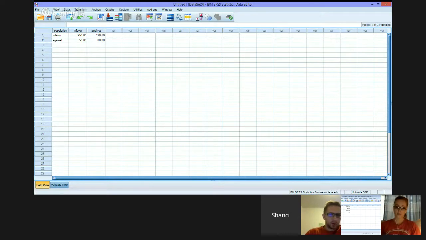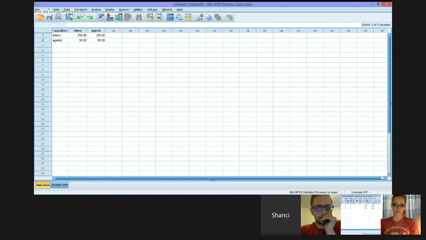And then you have to go over to the variable view, so you click that tab. And then you have to name it. The last one is count, because it's numeric count. One is party affiliation, with no spaces, or you can do an underscore if you want to.